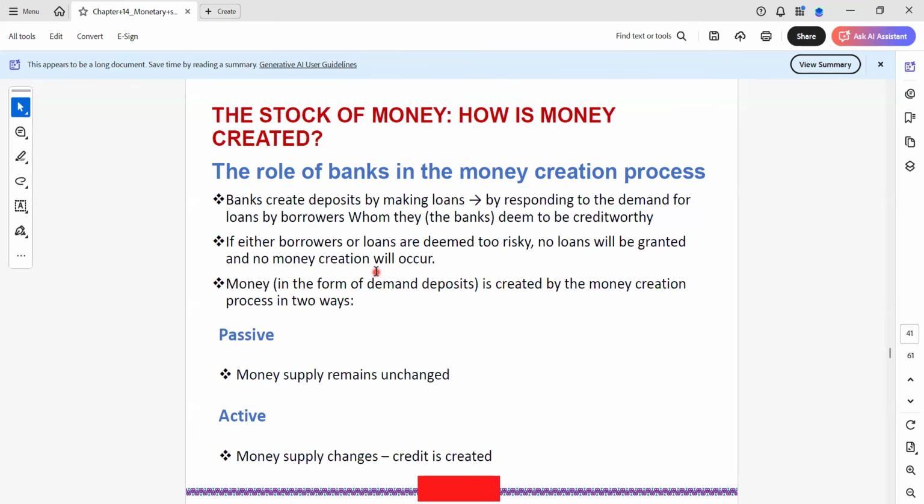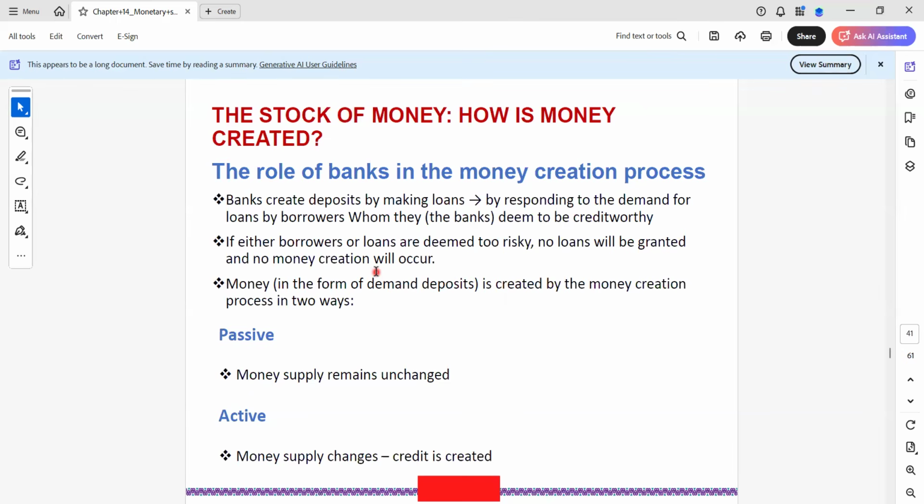So banks create deposits by making loans, by responding to the demand for loans by borrowers whom the banker deems to be creditworthy. So they only offer loans to people that are creditworthy. They wouldn't offer loans to just everyone. They need to check your credit score, check whether you are able to repay the loan and all of that, right? If either borrowers or loans are deemed too risky, no loans will be granted and no money creation will occur.